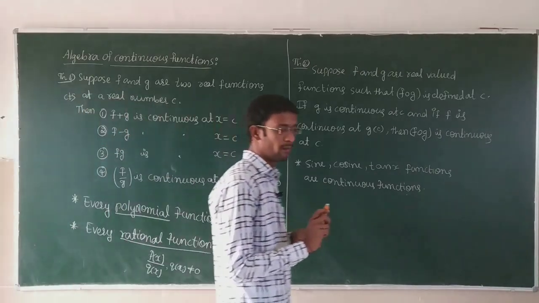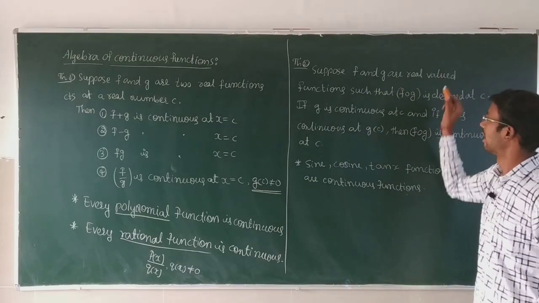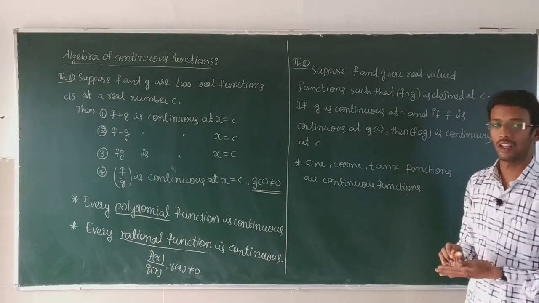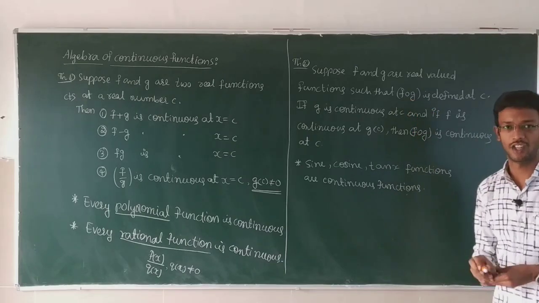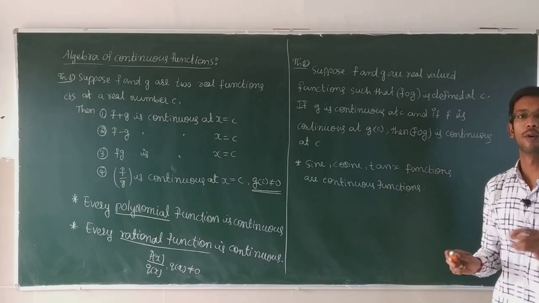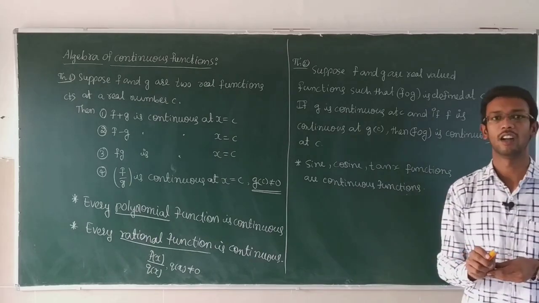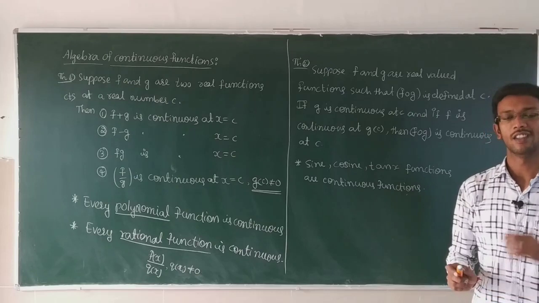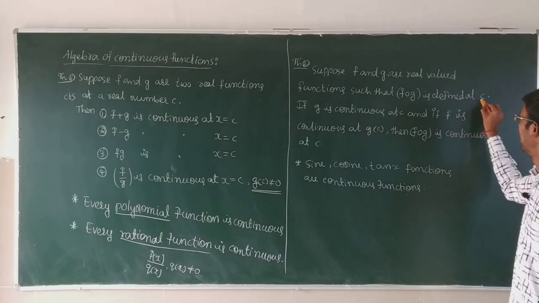Next, theorem number 2. Suppose f and g are real valued functions. f circle g is the composition of functions. Composition means two or more functions combined in one function, and it is defined at c.